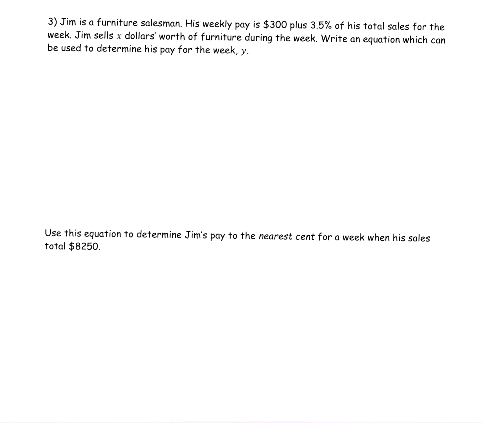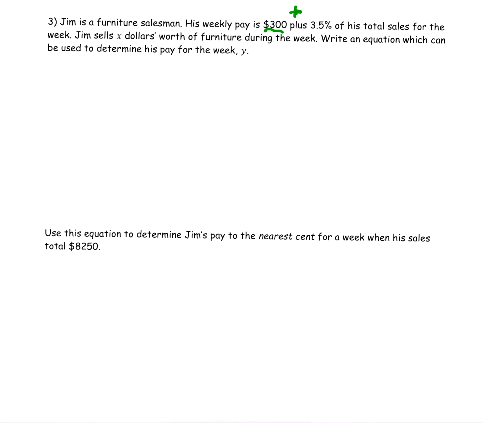So Jim is a furniture salesman. His weekly pay is, I'm going to just start underlining when I see numbers, 300 plus. We know that's going to be a plus sign. 300 plus, 3.5%. We do not want to use percentage in our actual equation that we're writing.